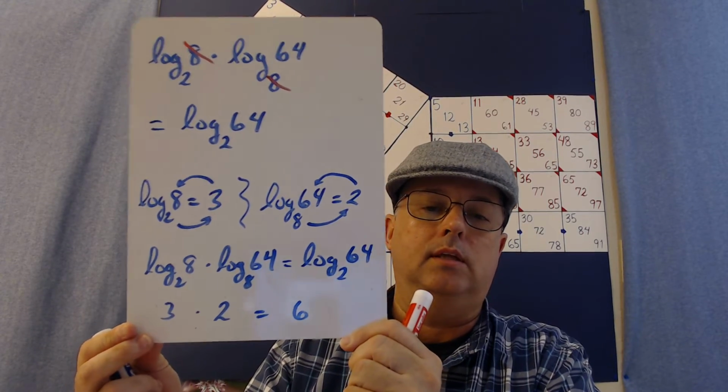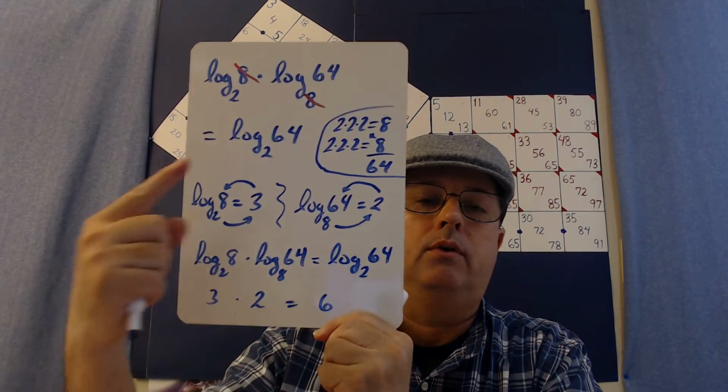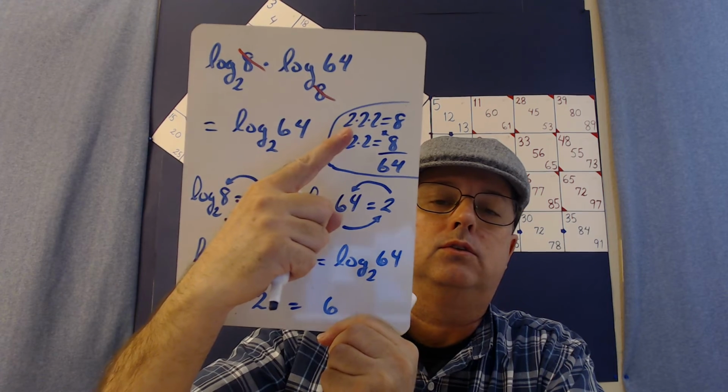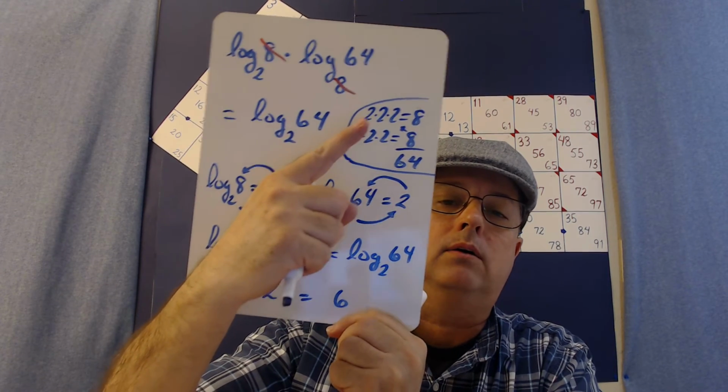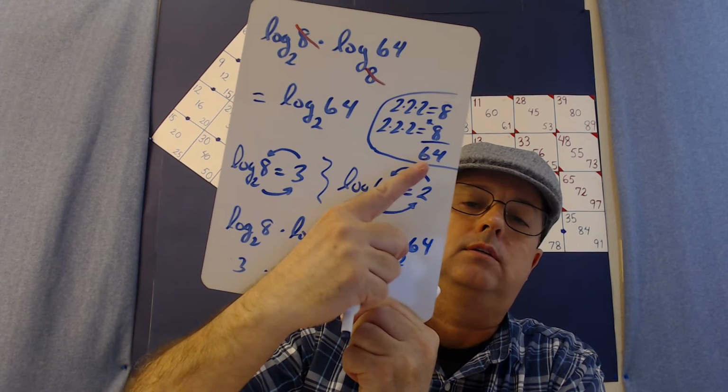And so let's see that it is 2 to the 6th power. If we have 2 times 2 times 2, that's 8. And another 2 times 2 times 2, that's 8. And 8 times 8 is 64. So there you go. 2 to the 6th power, 2 times 2 times 2 times 2 times 2 times 2, that's 64.